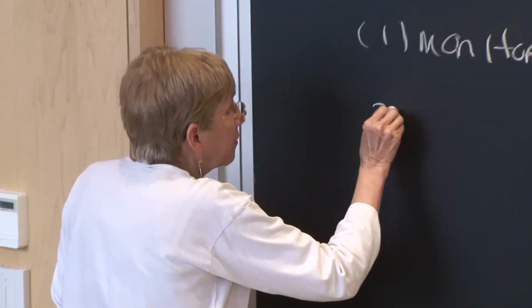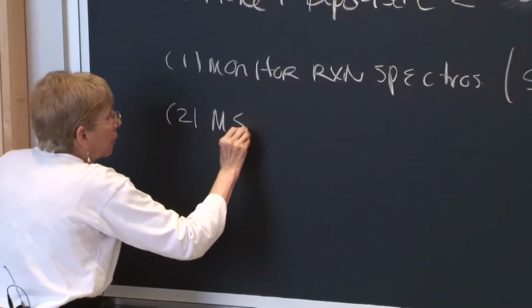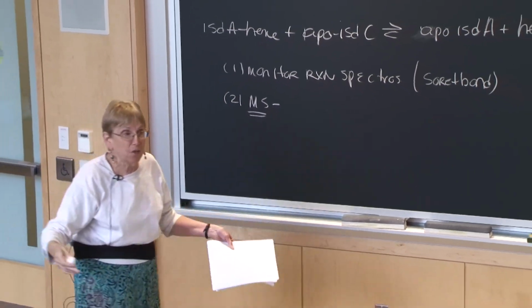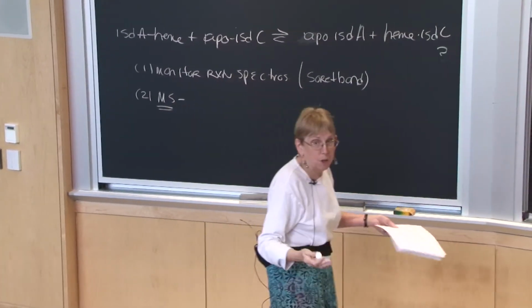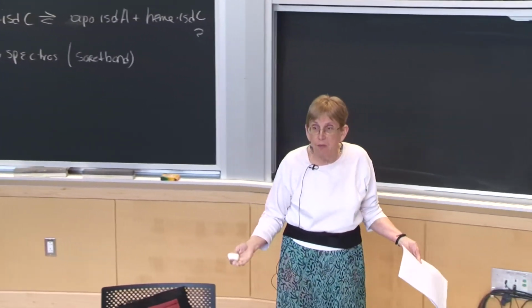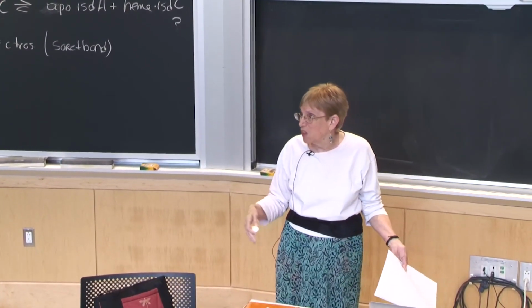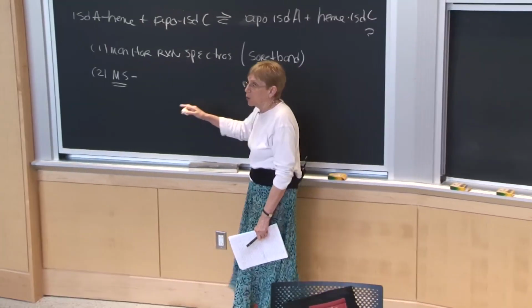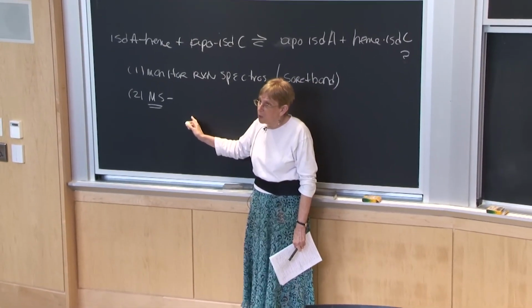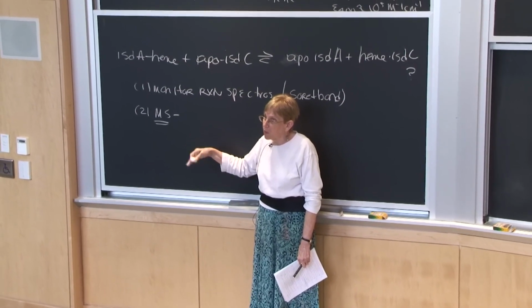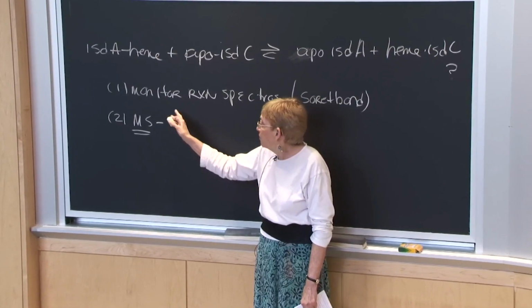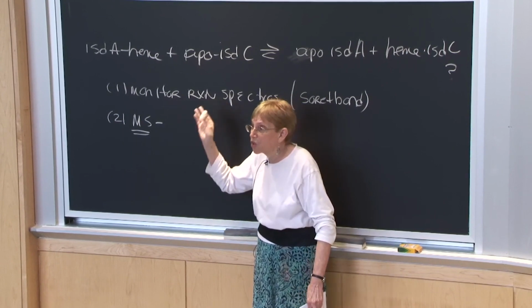And so what people have done is, if you look at the sizes of these things, some have 2 NEAT domains, some have 1. The apo also is distinct in size from the non-apo. So theoretically, if you do all of your homework, you can use mass spec quantitatively to measure these reactions, and a lot of people have recently gone to that method because this method is challenging.